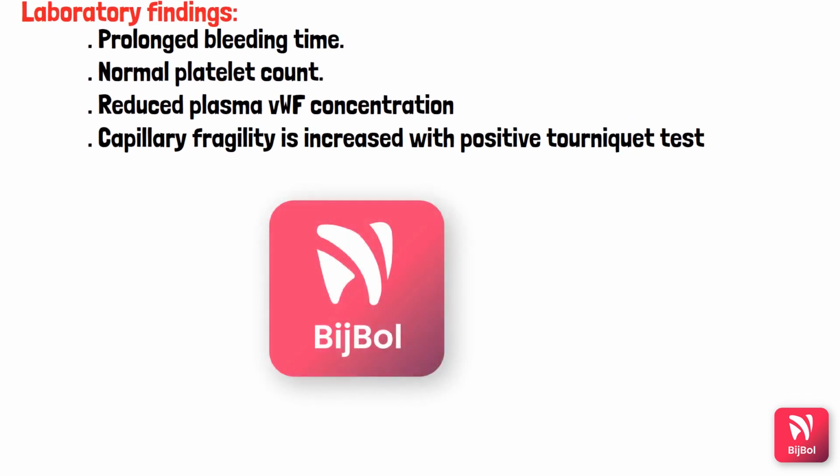So these are the important bleeding disorders that we have discussed here. What all have we discussed? Thrombocytopenia, which presents in the form of purpura, and it is mainly of two types: immune thrombocytopenic purpura and thrombotic thrombocytopenic purpura, which have different pathogenesis altogether.